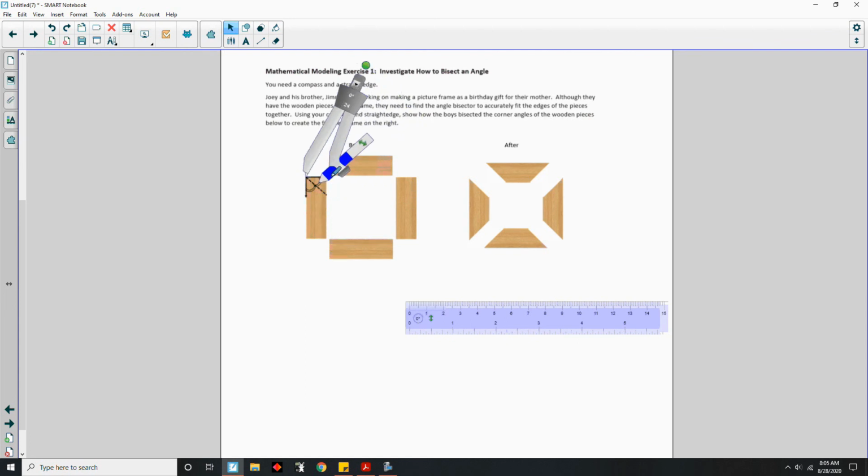We want to create an arc that goes through this side, and then rotate it around over here, create an arc through this.